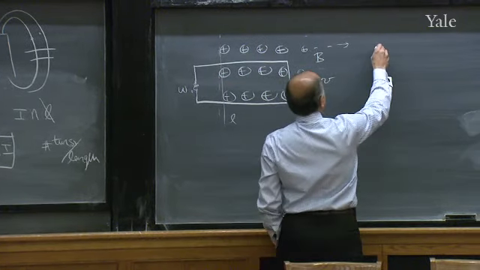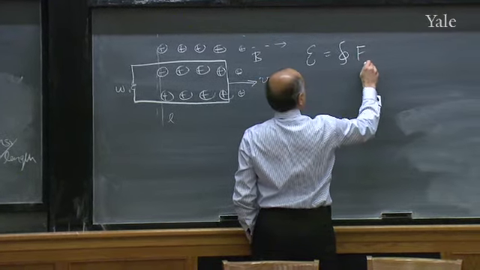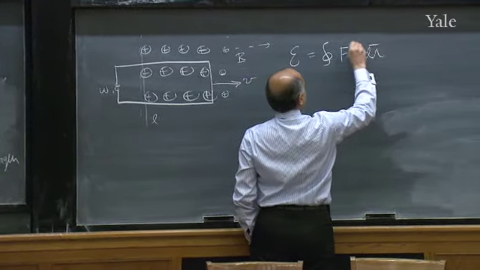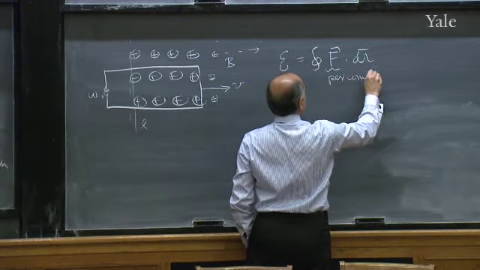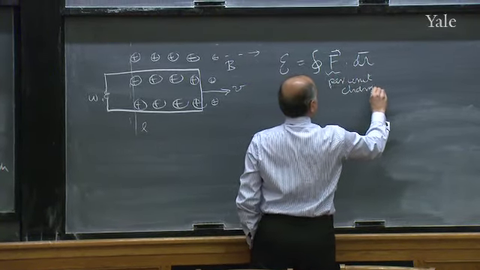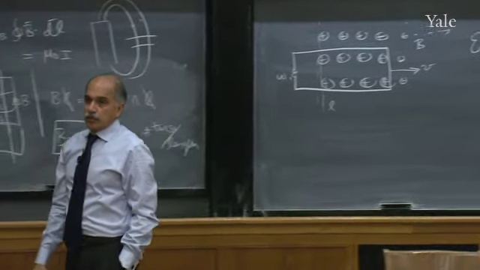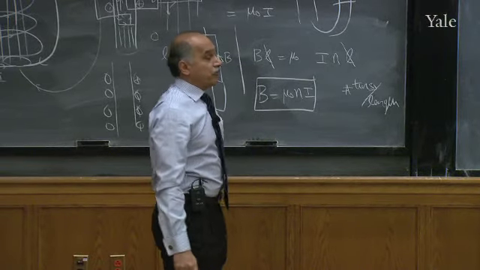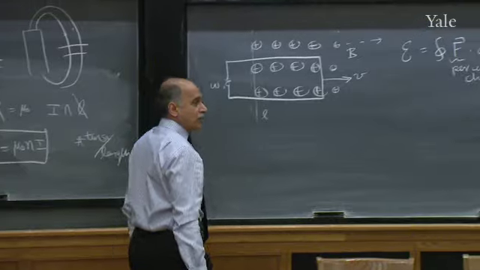And now we define the EMF to be the line integral of any force per unit charge pushing them around the loop. This is per unit charge. That's got to be not zero. So what is that force? And what is the EMF is what I want to ask.